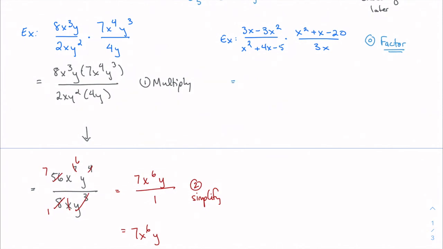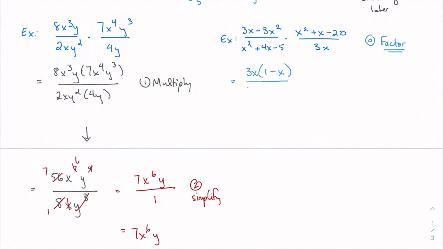So I notice in this first term, the first numerator here, there's a 3x in common. And when I factor that out, well, I've pulled all of the 3x out of the 3x, so I'm left with just a 1 in my first term. And then I've pulled the 3 out, I've pulled 1x out, so I'm left with just 1x. In the denominator of the first term, I'm looking for factors of 5 that add up to 4, and that negative, of course, at the end tells me I'm looking for different signs.